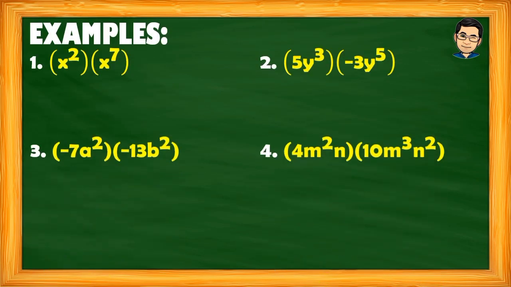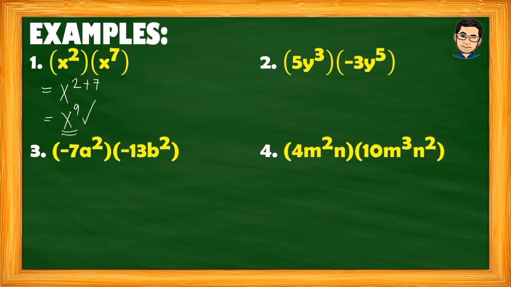So, let's have examples. Number 1, x squared times x raised to the 7th power. Applying the product rule, since same base naman sila, all we need to do is to add the exponents. So, our solution will be x raised to 2 plus 7, that is x raised to the 9th power. So, this will be our final answer.